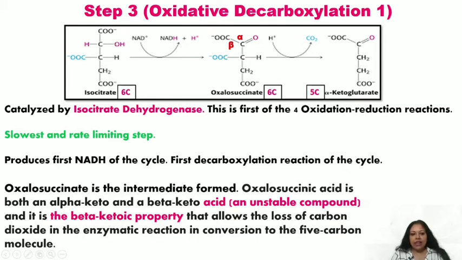As you can see, when isocitrate has the OH group, it doesn't occur immediately.